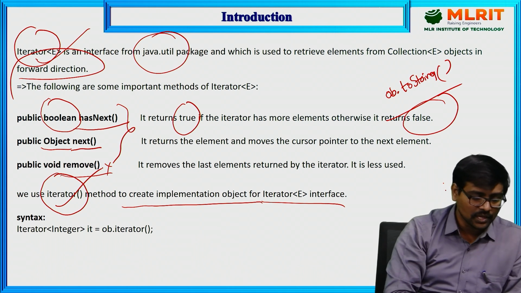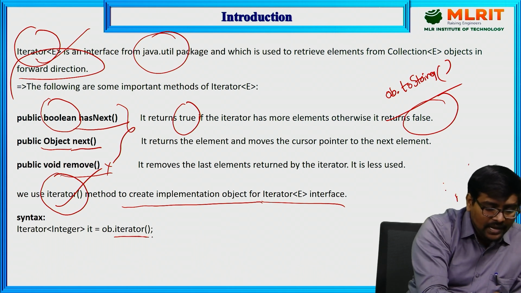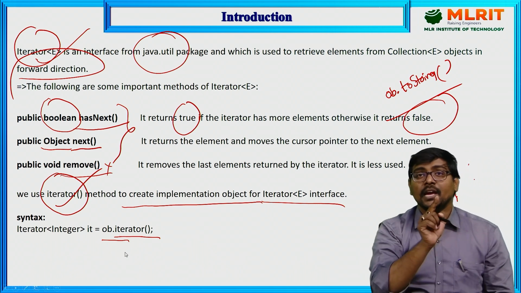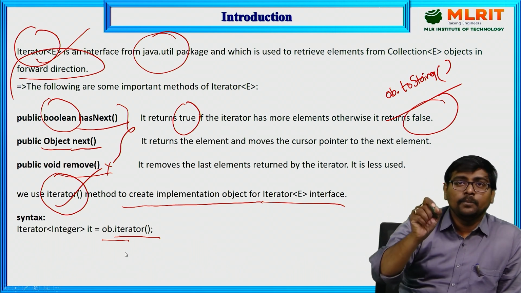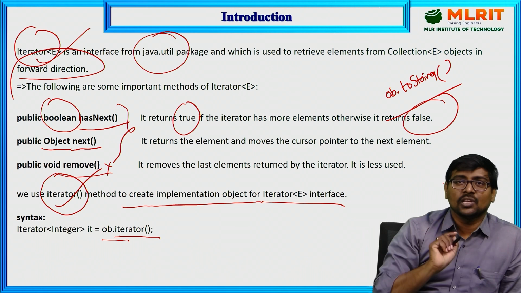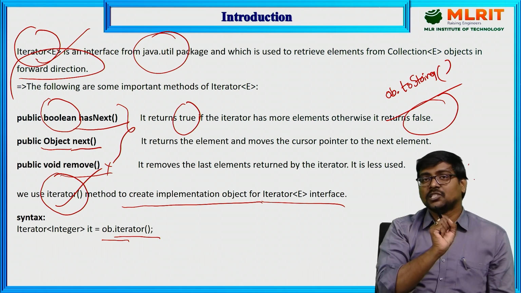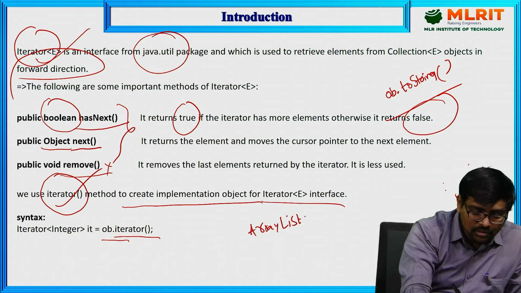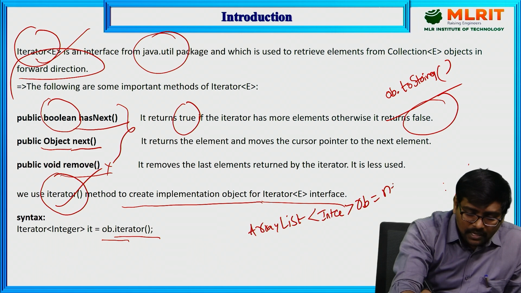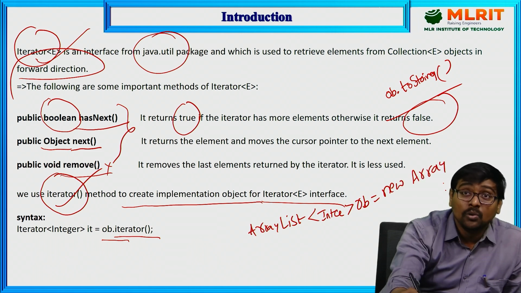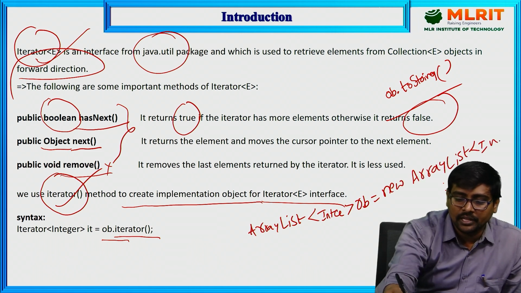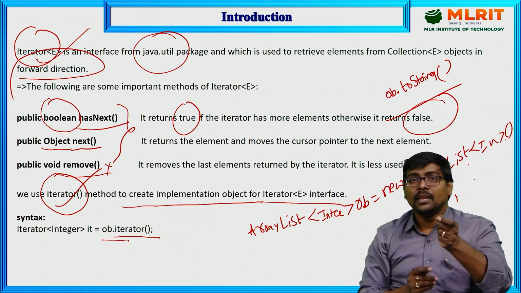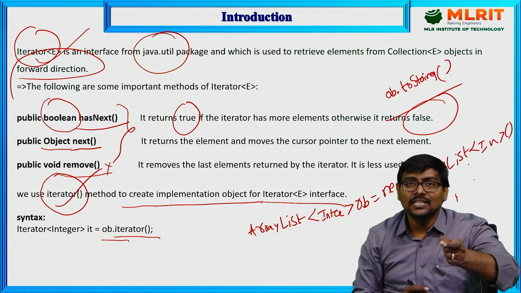Observe the syntax carefully. Now, the iterator method. What is OB here? Here OB is an object of the implementation class, simply ArrayList. If you write ArrayList of Integer OB equals new ArrayList of Integer, yes or no? In my example, one ArrayList is created.